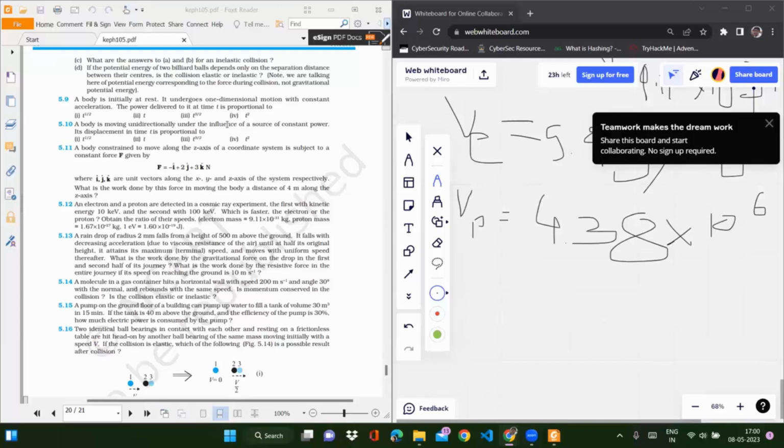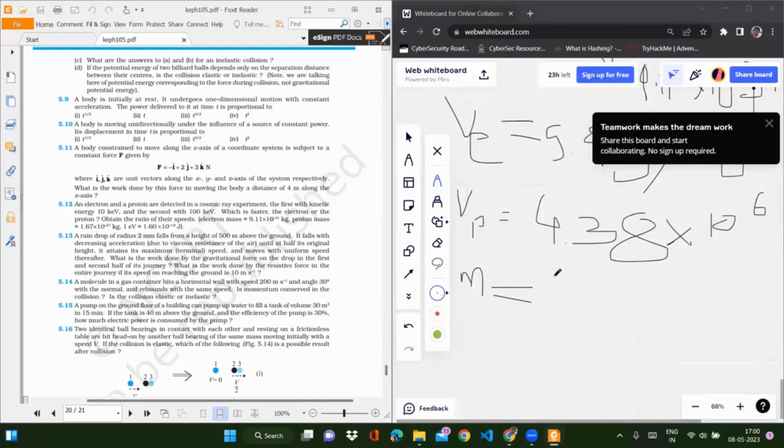So we are asked three things. First is the work done by gravitational force in the first half of the journey, then in the second half of the journey, and the work done by the resistive force. So here, firstly, we need the mass of this raindrop. For that, we know that the raindrop is spherical in shape and its radius is given to be 2 mm.